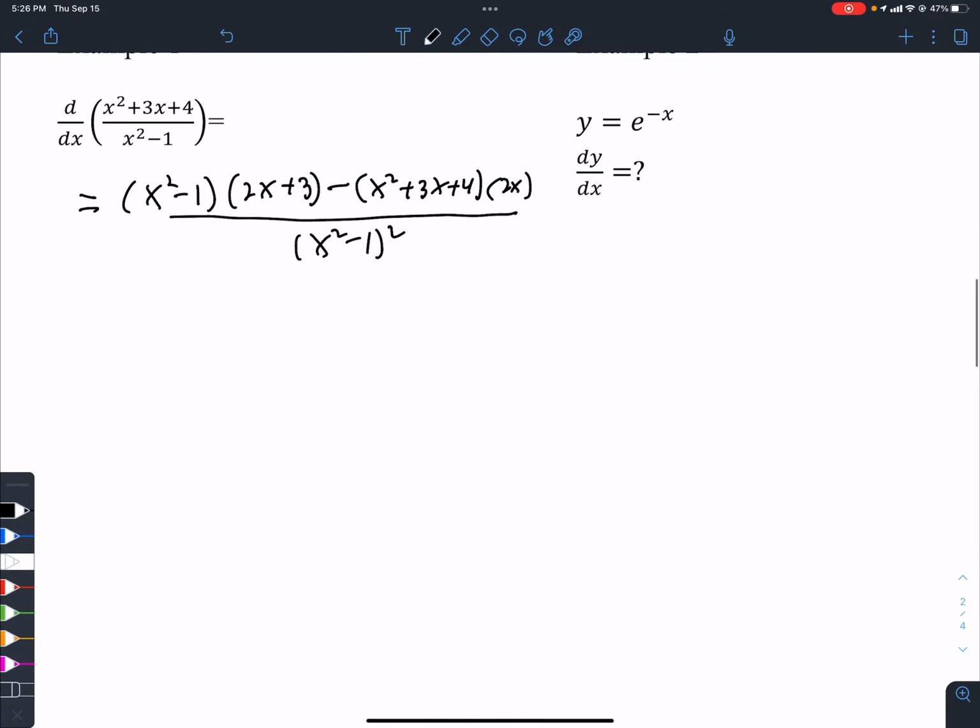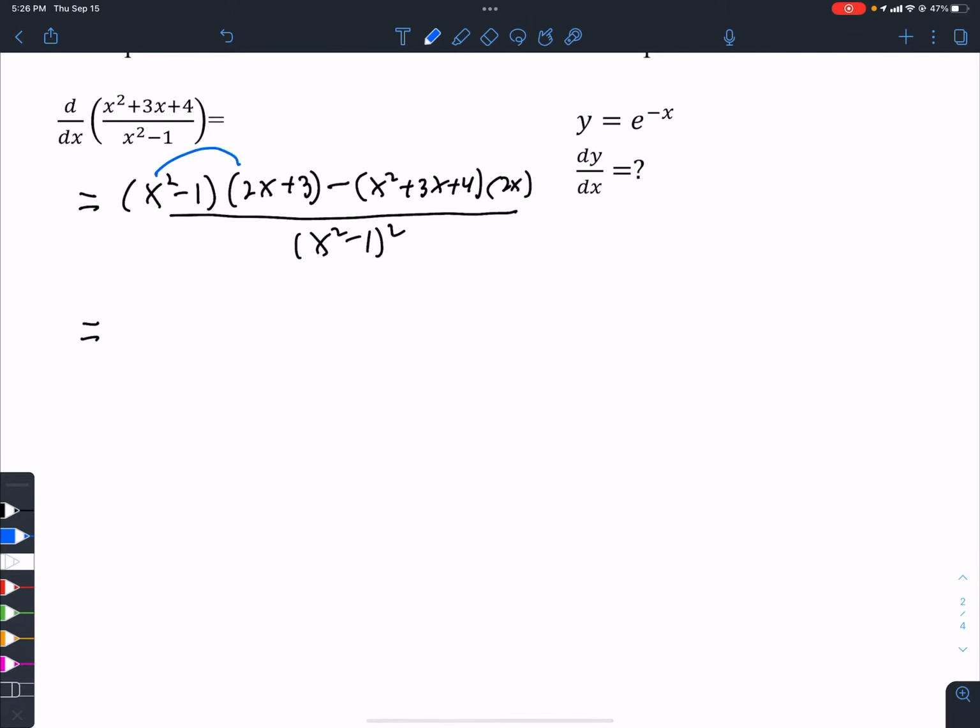Now it's going to be lots of algebra. I need to distribute that x there and there. That's going to give me 2x cubed plus 3x squared. I have to distribute the negative 1 there and there. That's negative 2x minus 3. Then I'm subtracting this whole thing, so I want to make sure I bracket this. So I need to distribute the 2x to all three of these.